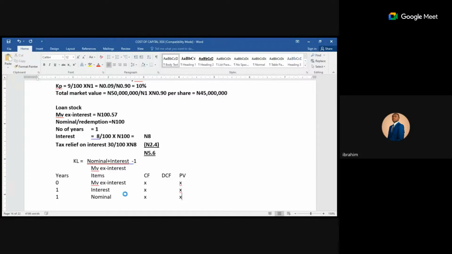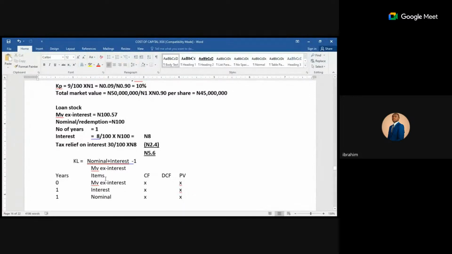So we can use internal rate of return, but these are the elements, these are the ingredients we need if the loan stock is redeemable for like 5 years, because we need to use internal rate of return to determine the cost.